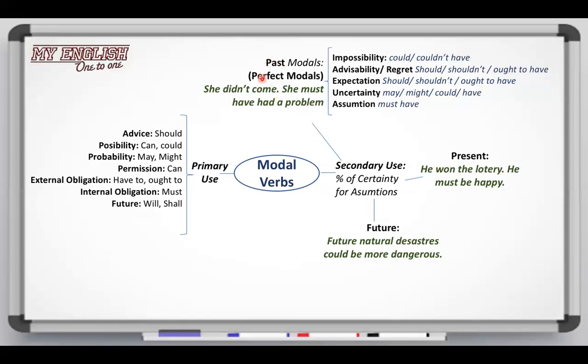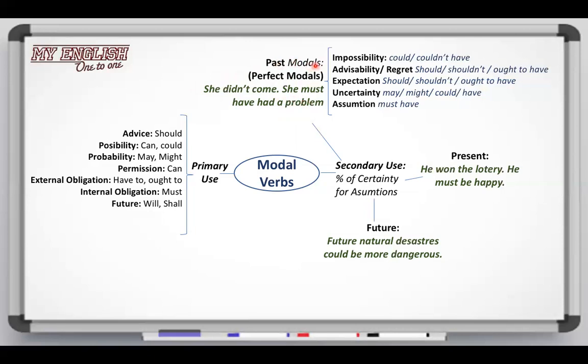For the past modals, most of the time, we first set a context or a situation, and then we introduce the past modal, asserting an assumption of what might be either the cause or the consequence of the situation.